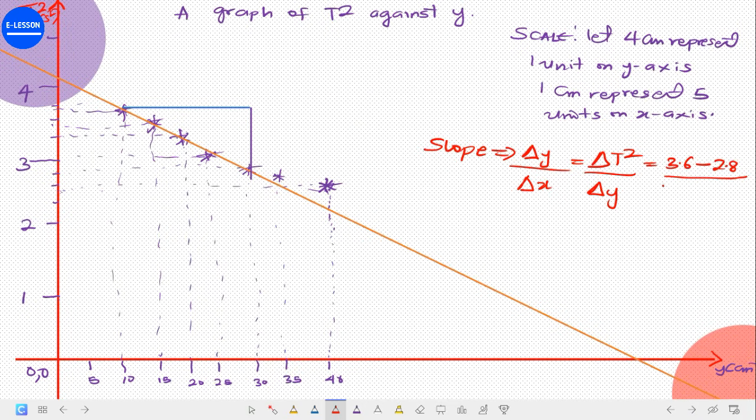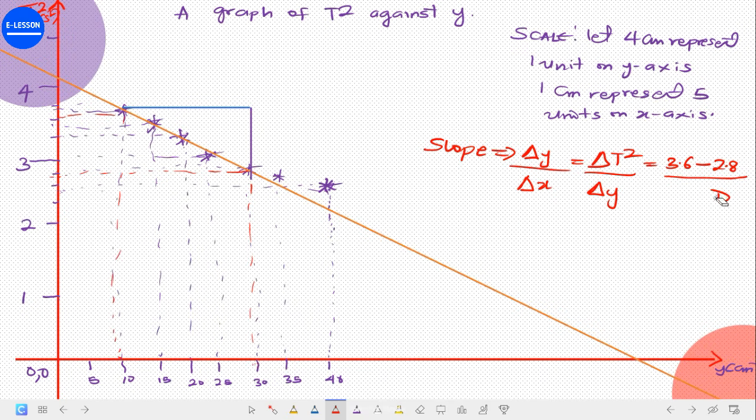2.8 divided by, where's your change in y? Change in y is 30 minus 10. That is the point which corresponded here. So when you are taking it here, you also trace it down to get your values. Now this is a negative slope graph, so you are supposed to get a negative slope.